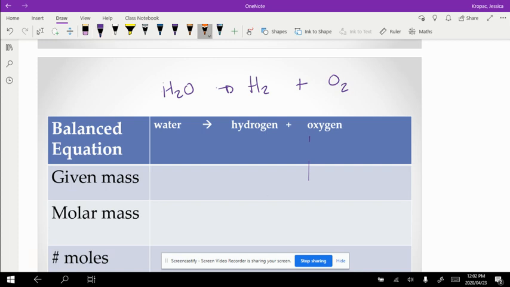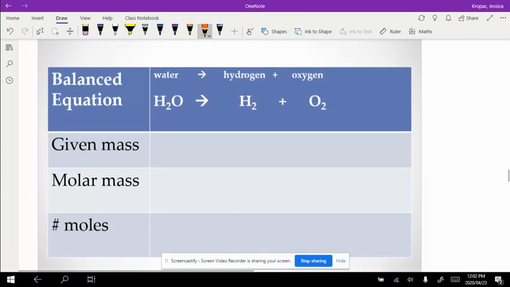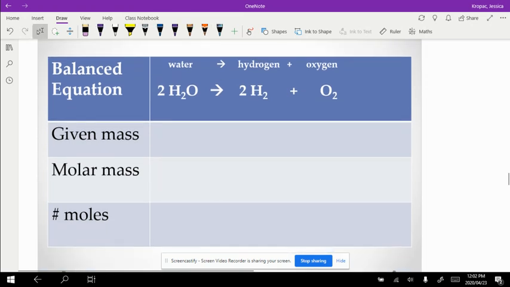So in order to balance that, I want to put a 2 in front of the water. Now I have 2 oxygens on the left and 2 oxygens on the right. Now my hydrogens are not balanced. I have 4 hydrogens on the left, so I'm going to put a 2 here. That's going to make sure that my hydrogens are balanced. So I now have my balanced chemical reaction: 2H2O yields 2H2 plus O2.